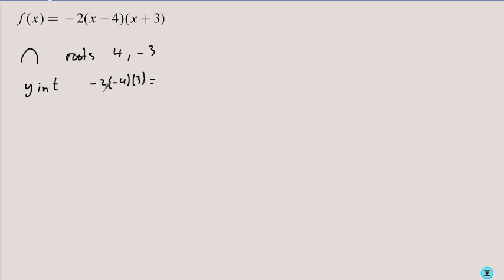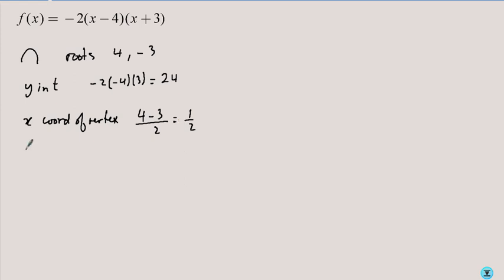And this gives us 24. The x-coordinate of the vertex is halfway between the two roots. So 4 minus 3 over 2 is a half.